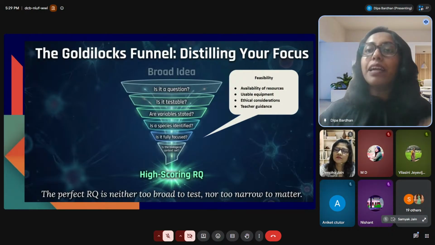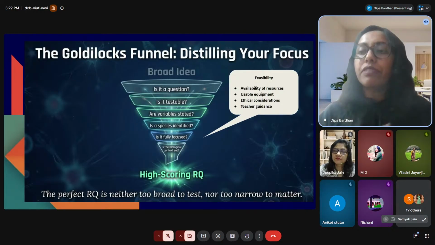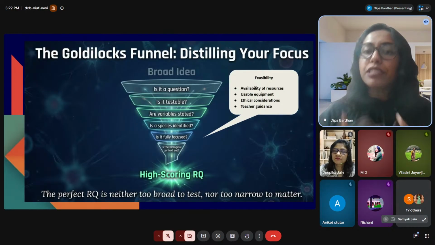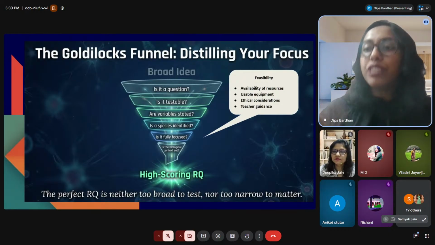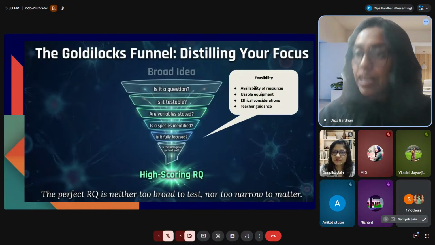So there are many considerations: experimentation considerations, ethical considerations, feasibility considerations. Based on all that, you have to choose a topic and formulate the research question.